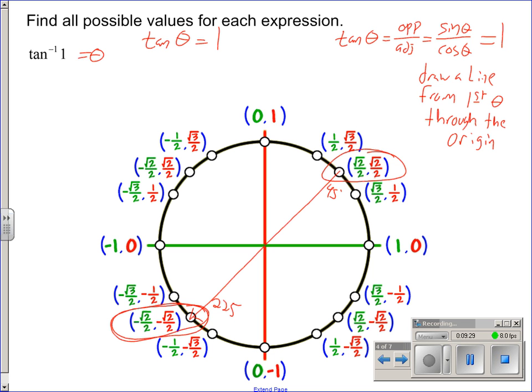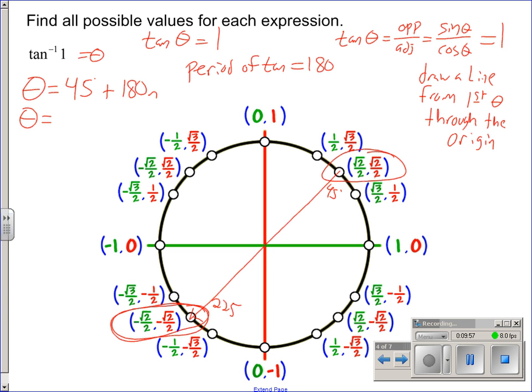Now, we're dealing with a tangent function. Okay, from the last section, the period of the tangent function, that was 180 degrees. So, our answer, 45 degrees plus 180n. Every time you go another 180 degrees, you're going right back to another angle where the tangent will equal 1.